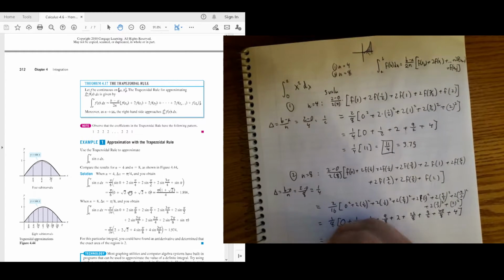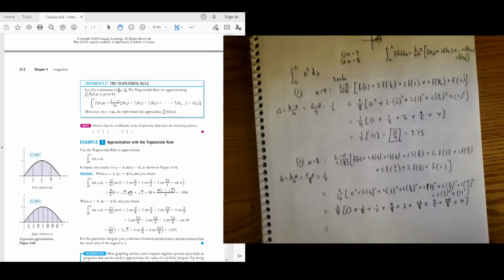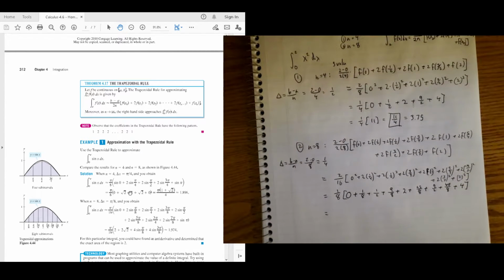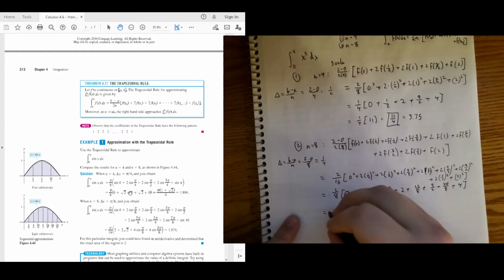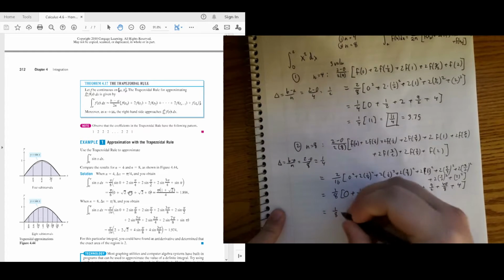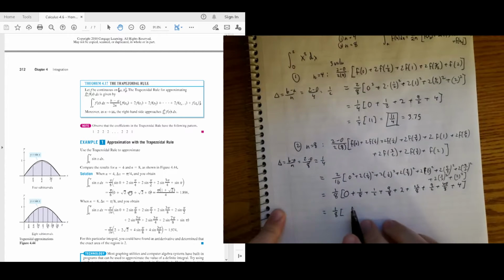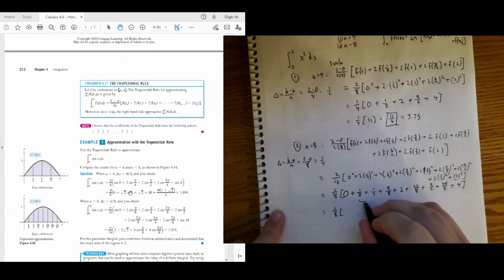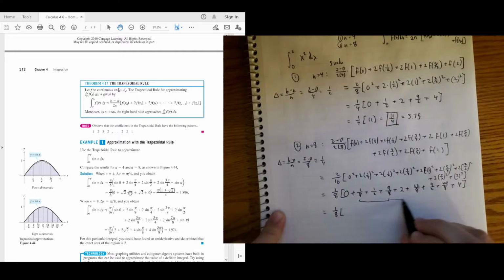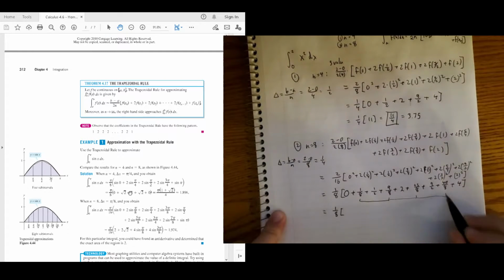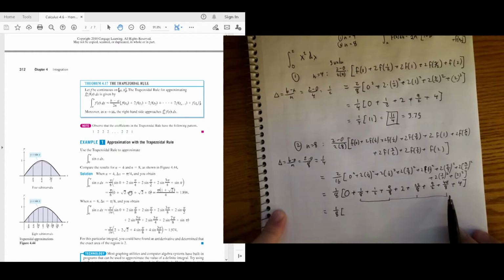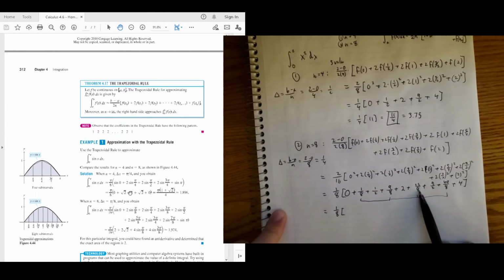All right. In theory, this value should be real close to the actual value, which we're going to find at the very end to verify that we are doing this correctly. So we'd have 1/8, 9/8, 25/8, and 49/8. So 1 and 9 would be 10, 35, 84.